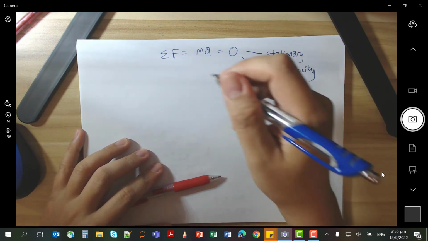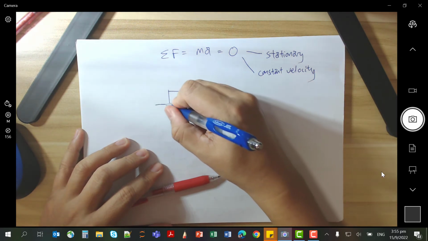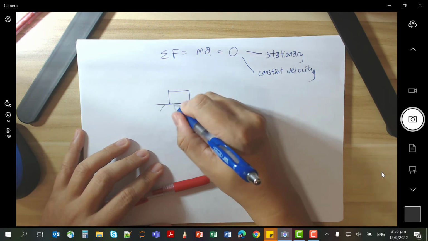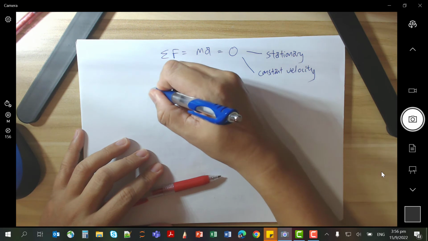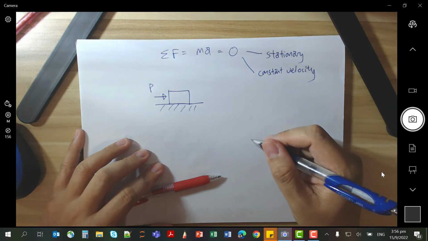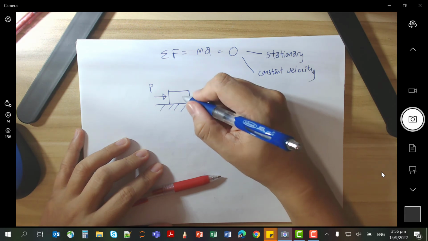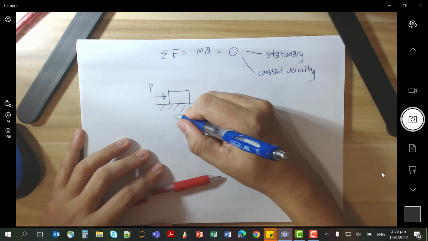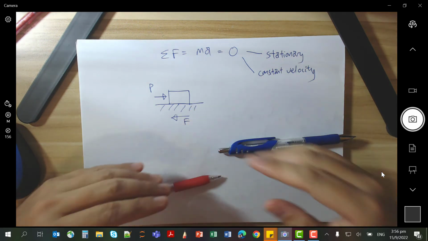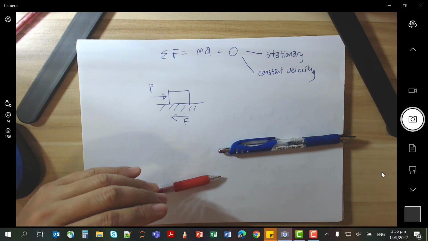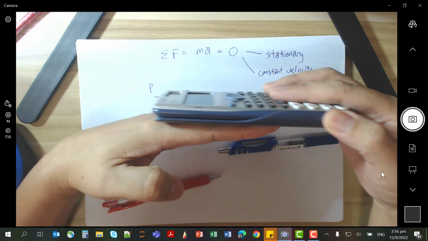So in that case, let's give an example again. For example, your object here is on a flat surface. You are applying a force P. By right, there should be friction coming from the surface onto the object, in the opposite direction, friction F. Just imagine the calculator moving on the surface going this way.